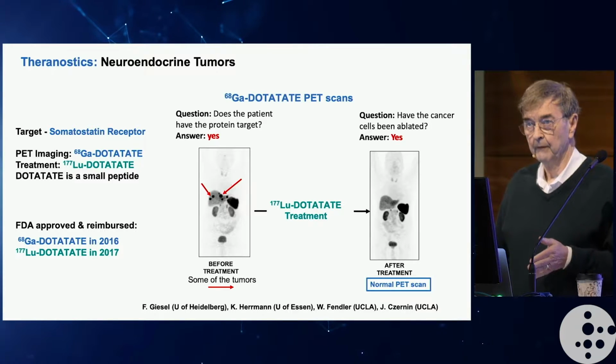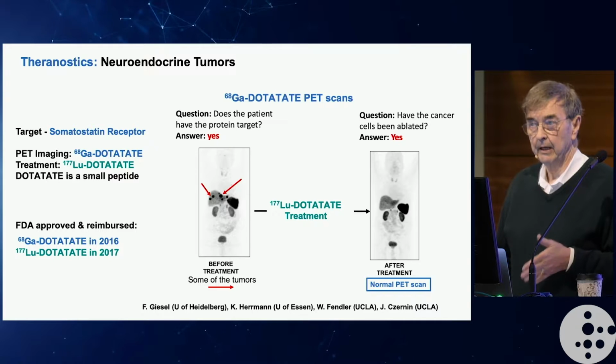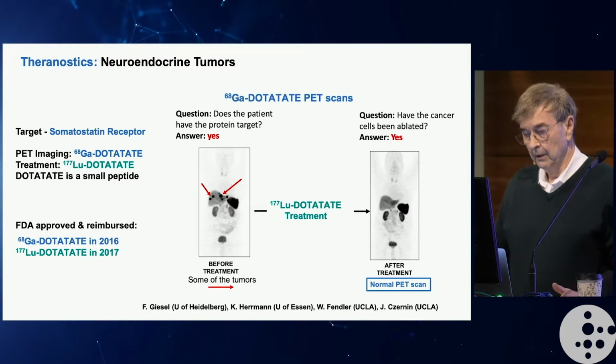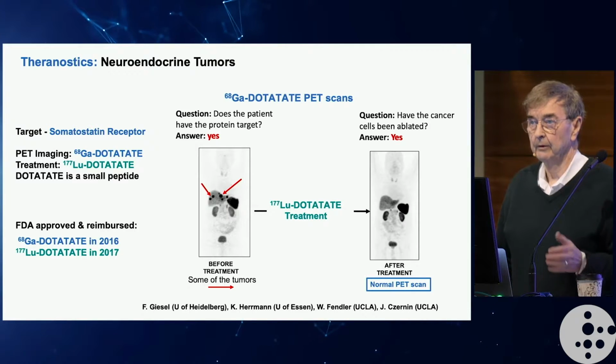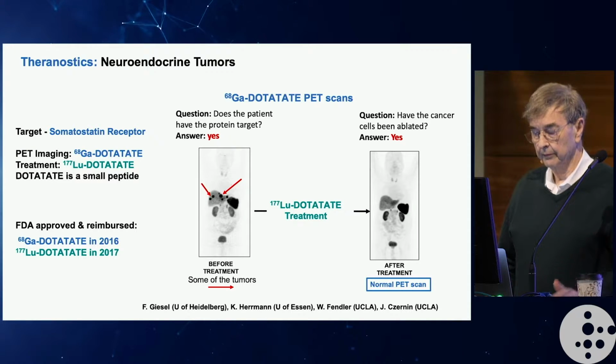They do that. But more importantly, they will phenotype the cancer cells throughout the entire body of the patient and determine whether the patient has the protein target for the therapy: treat them, and if they don't, don't treat them.